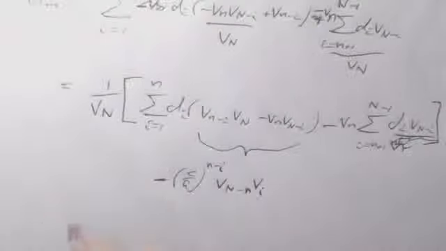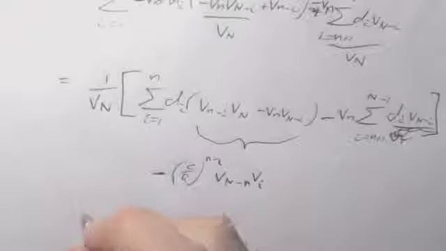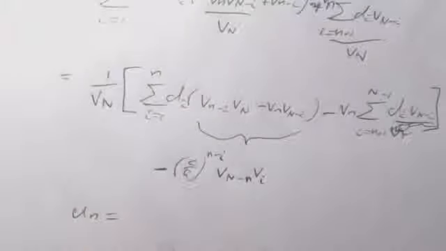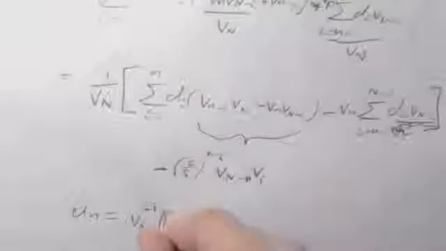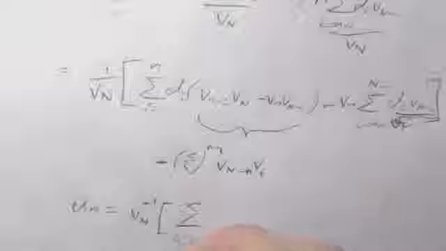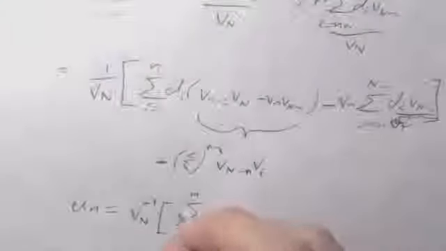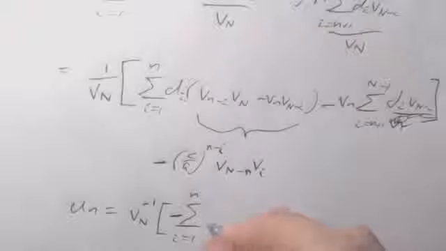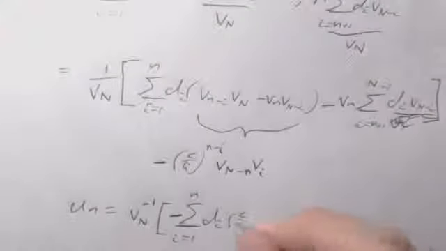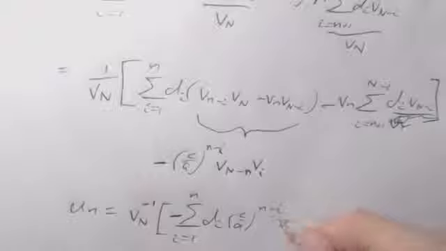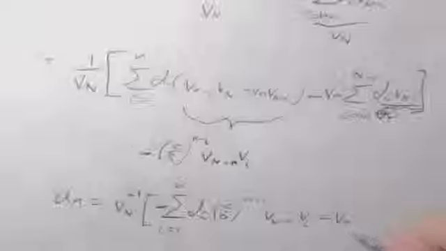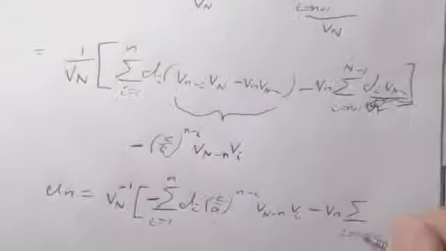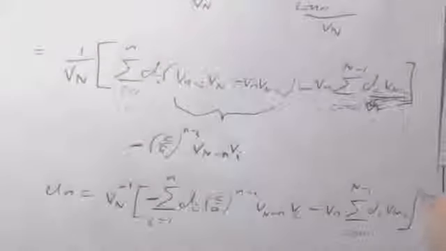We end up with the final formula of un equals 1 over vn, v big N, sum from i equals 1 to n minus di (c over a)^(n minus i) (vn minus n vi) minus vn sum from i equals n plus 1 to N minus 1 of di vn minus i.